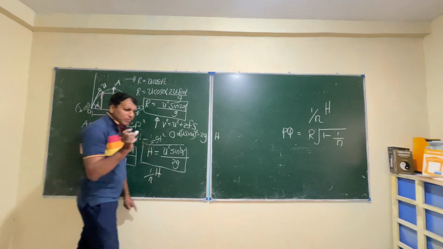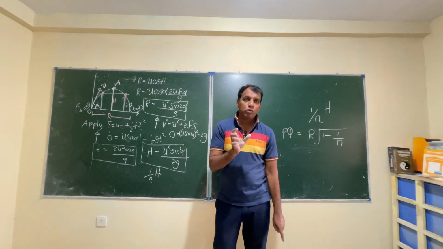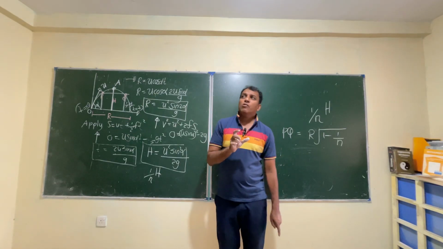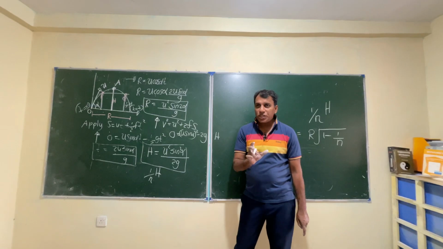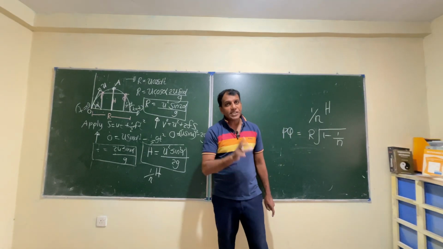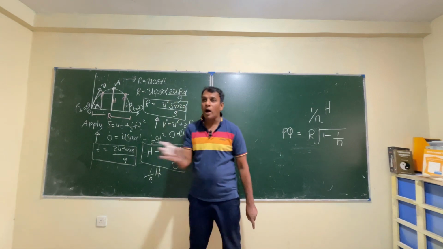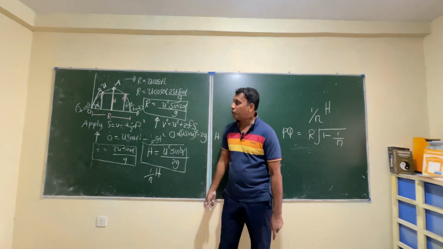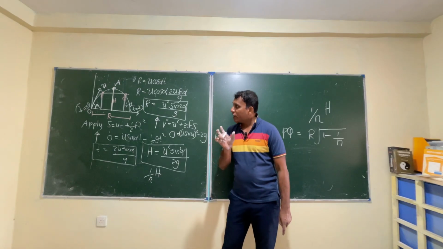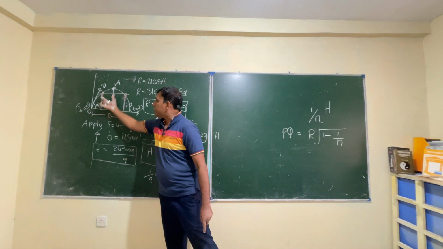Now the question is to find the distance between P and Q. Distance means velocity into time. Now I have to apply this to find the PQ answer. So how do we find PQ?